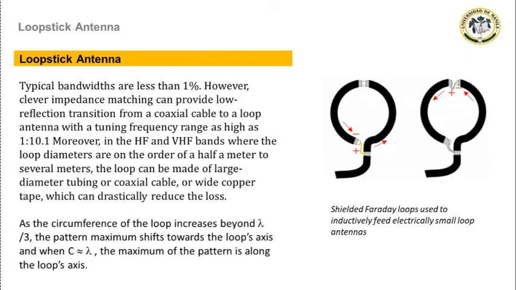The small loops, regardless of their shape, have a far field pattern very similar to that of a small electric dipole perpendicular to the plane of the loop. This is expected because small loops are effectively magnetic dipoles. Note, however, that the field polarization is orthogonal to that of the electric dipole.